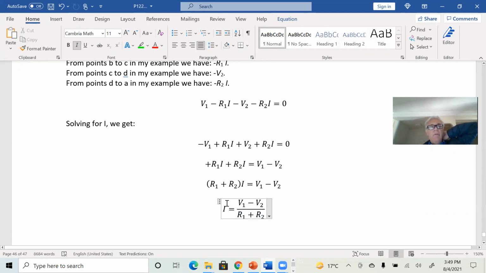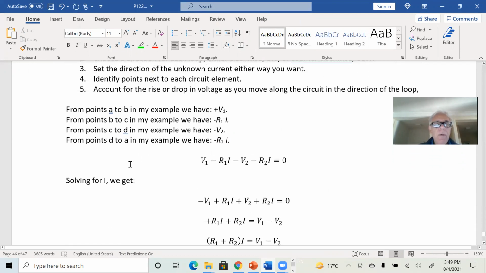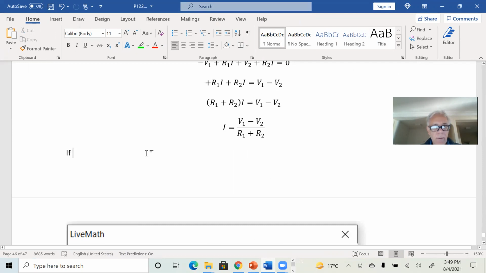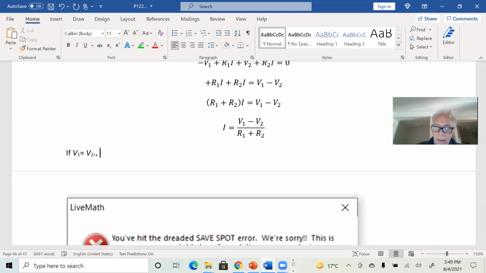If V1 is equal to V2, then no current flows along the circuit.